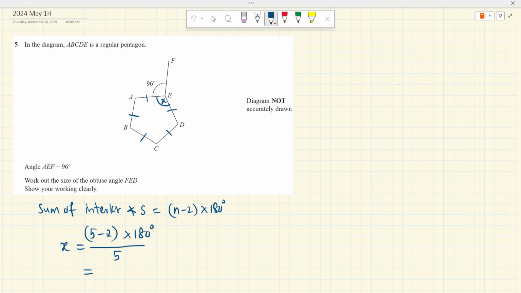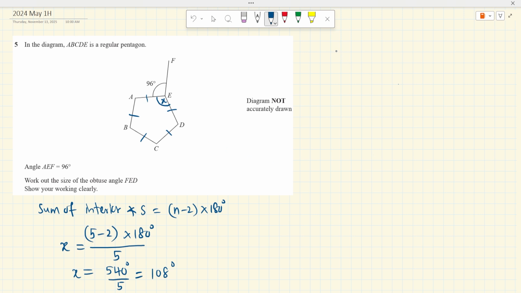5 minus 2, that is 3. 3 times 180, 540, divided by 5. 540 divided by 5, that is 108. So x equals 108. Then you know angles at a point add up to 360.